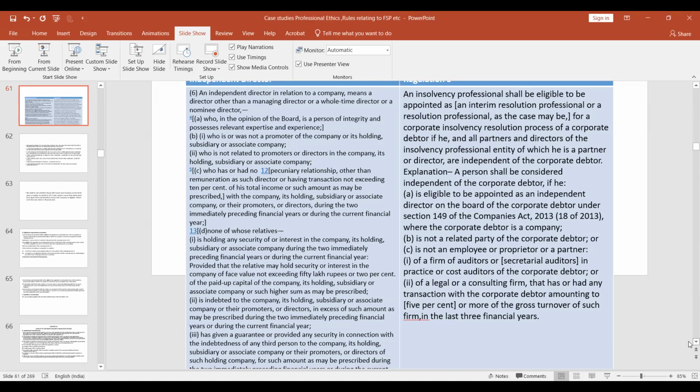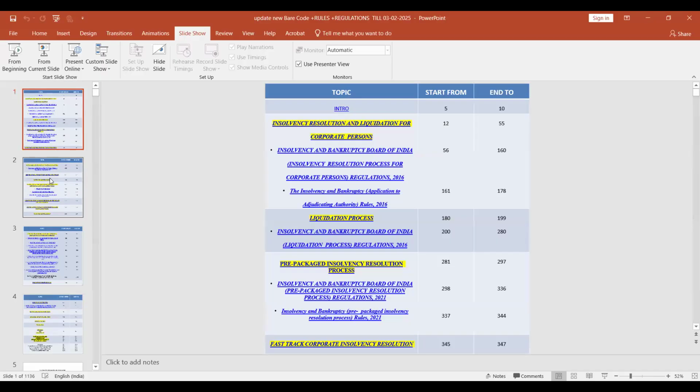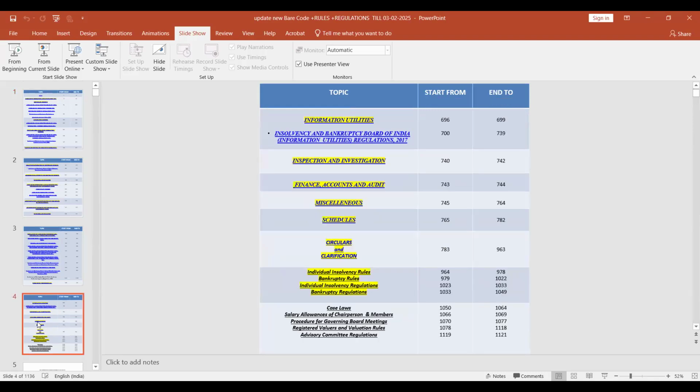Let me just open regulation number 4 also, since you have asked this question. Let us just see it from there. Just a minute. And now we have to see the insolvency professional regulations.